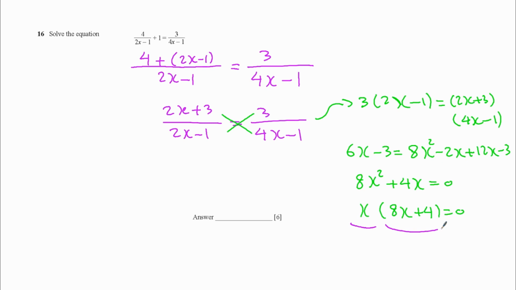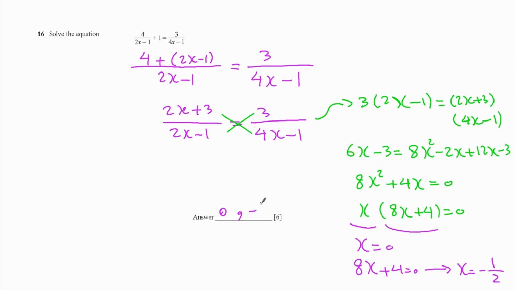So that means that either x equals 0 or 8x plus 4 equals 0. From the second one, if we take the 4 to the other side, it would be minus 4. x would be minus 4 divided by 8. So x would be minus 1 over 2. So the answers that we have in here are x equals 0 and x equals minus 1 over 2, or half.